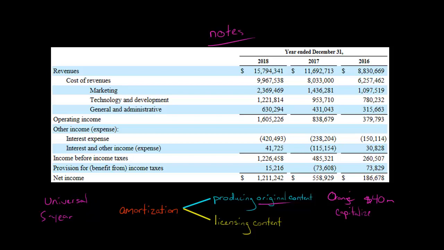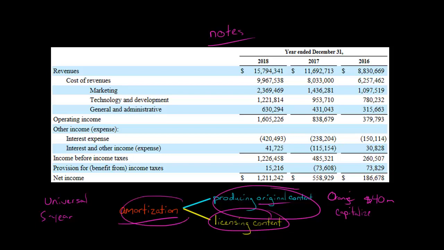So the cost there would also be amortized over time. So that as well is going to appear in cost of revenue. So basically for Netflix, you can think about the main cost is either producing their own shows or licensing those shows from other people who've made shows or movies. And so that's all amortization, but it's specifically under this cost of revenue account, which is their biggest cost.